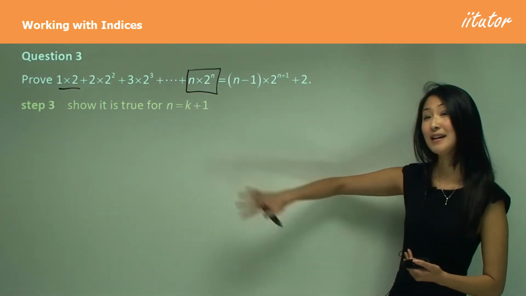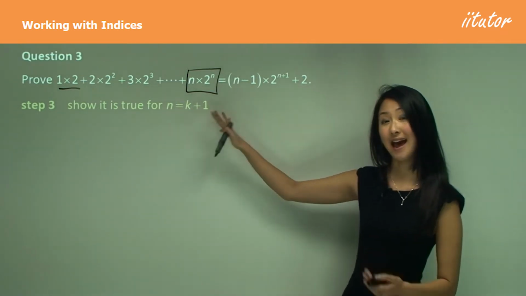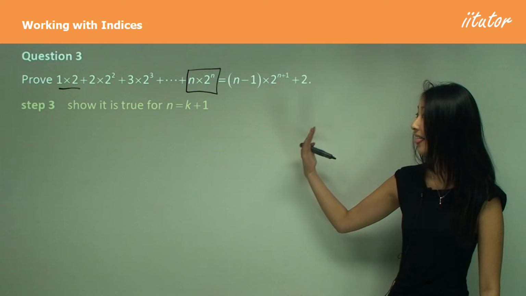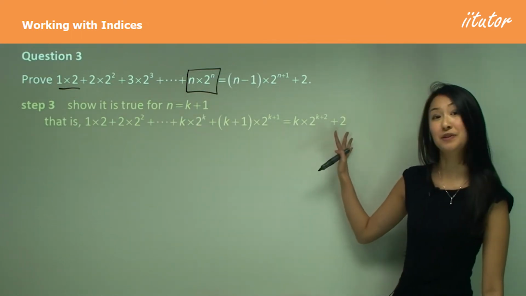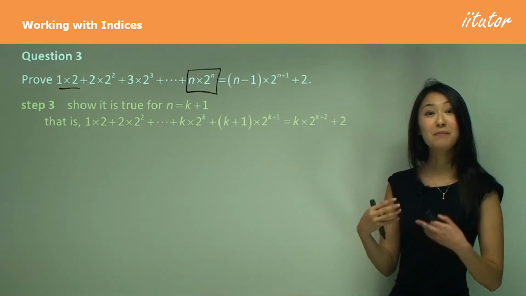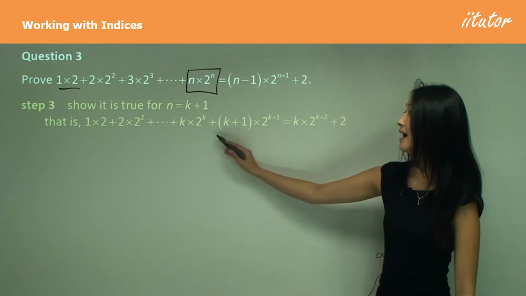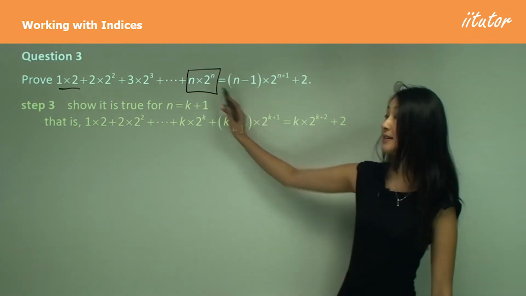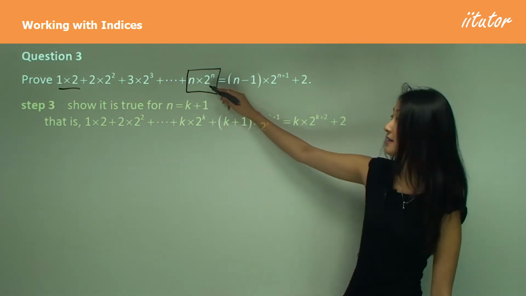Now in step 3 is when we want to show that it is true for n equals k plus 1. That is that this left-hand side equals the right-hand side. And remember, to get the equation for this, what we do is we add the next value onto this series over here. So we just substitute k plus 1 into this formula.